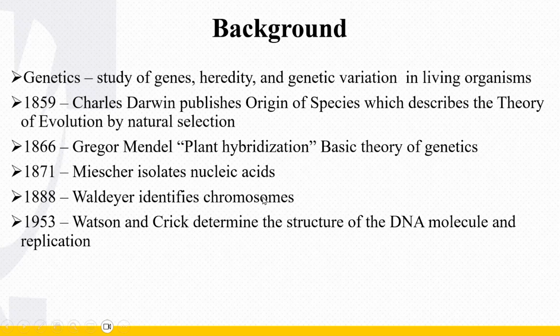We start to identify the chromosomes, and then it really took off in the 1950s when Watson and Crick actually made a DNA molecule and replicated that. So, DNA being that double helix, that deoxyribonucleic acid, and they really got that structure down. And once we understood the structure, that really opened the door for understanding where the genes fit and the ways that the DNA replicates itself and then makes those genes.